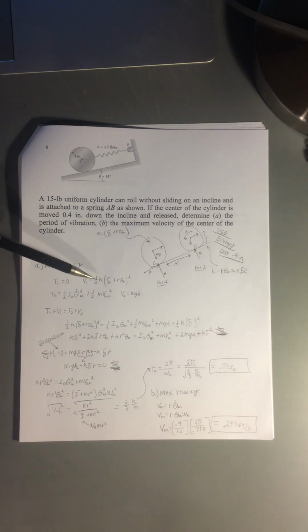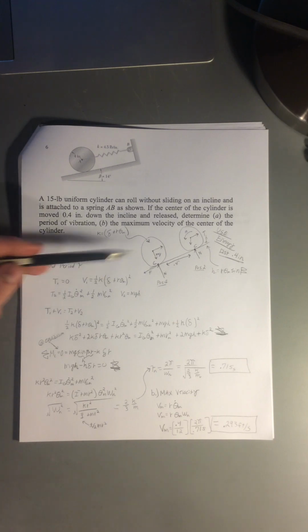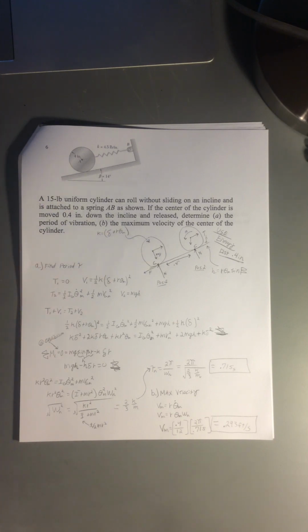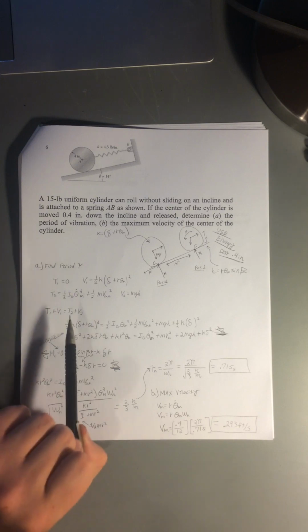And so we have 1/2 k times our distance that we can find from our drawing as our first potential energy, and then after we have our kinetic energy because it is moving, and that comes out to this term.